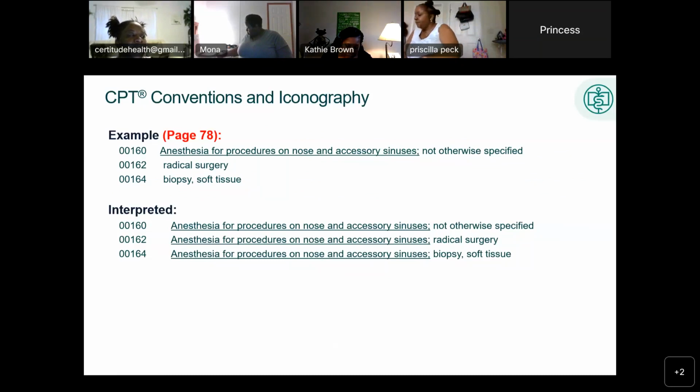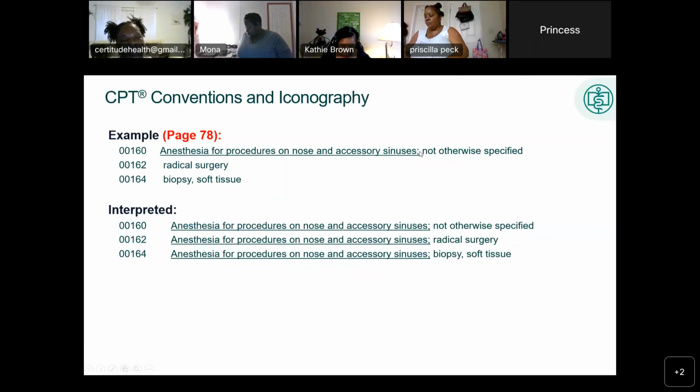So page 78, we're looking at anesthesia codes. We start with a CPT code for anesthesia of 00160, which is in that first column. 00160 is anesthesia for procedures on the nose and accessory sinuses not otherwise specified.